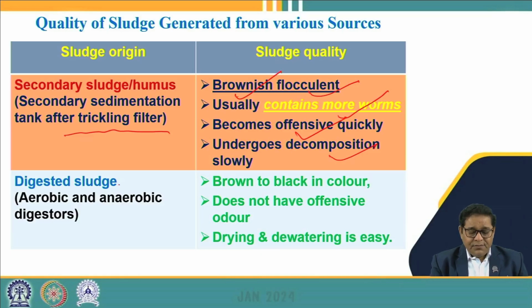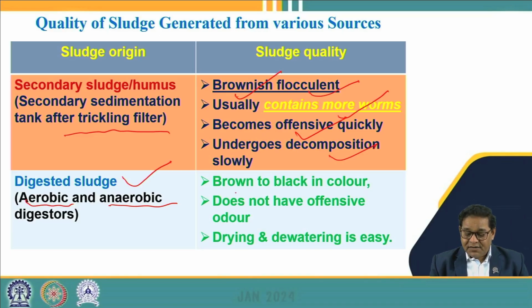There are also sludge treatment systems, with aerobic digesters and anaerobic digesters, and these units also generate sludge, which is mostly stabilized and is called digested sludge.